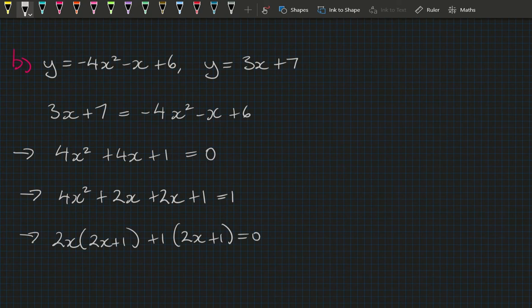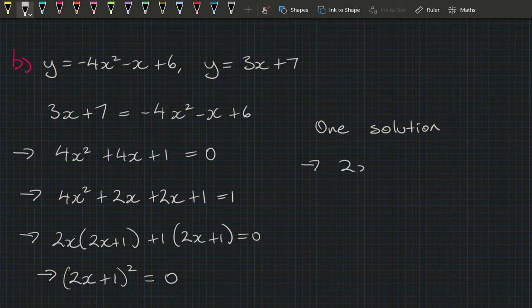So we've really got 2x plus 1 squared here. Therefore, we have one solution, where 2x plus 1 equals 0. And so I can subtract 1 from both sides, so we've got 2x equals minus 1, and divided by 2, we've got x equals minus a half.